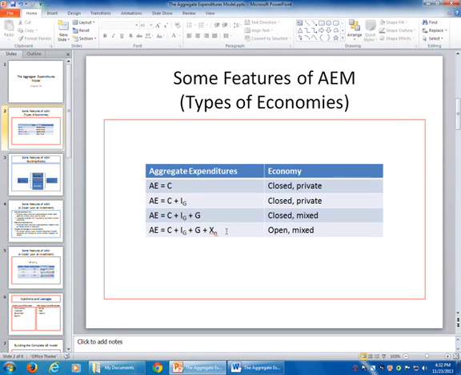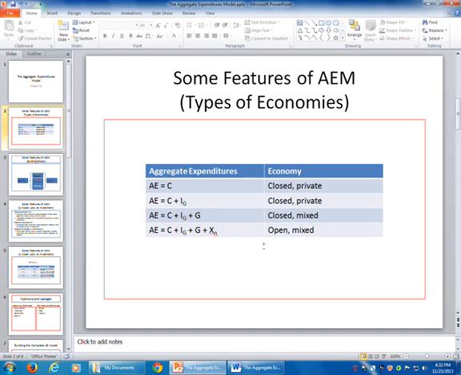Now, if you take the model to completion and you look at aggregate expenditures consisting of consumption, gross investment, government spending, and net exports, the economy under those conditions is called an open mixed economy. Open because now we're trading with other countries through the net export component, and mixed because we have C plus I sub G, which is the private sector, G, the public sector, and X sub N, the international sector.